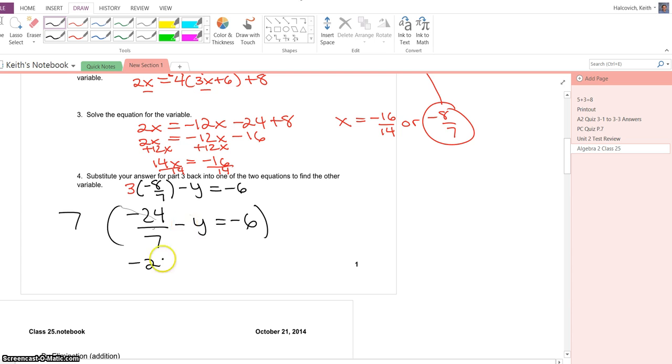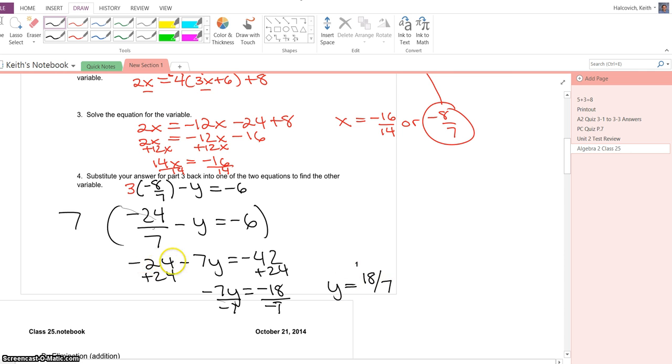So it's negative 24 minus 7y equals negative 42. Add 24 to both sides. So you get negative 7y equals negative 18. Divide by negative 7. And you get y equals 18 over 7.